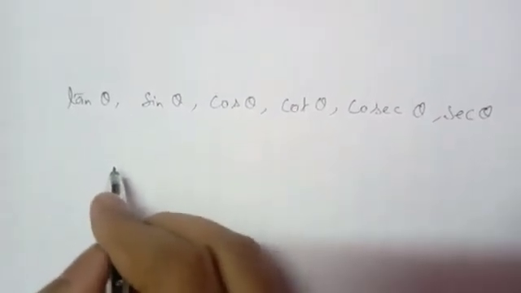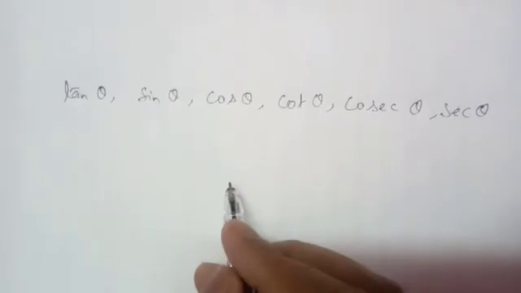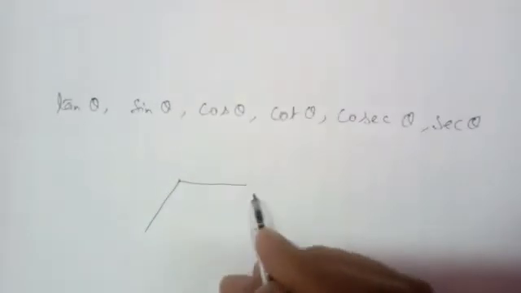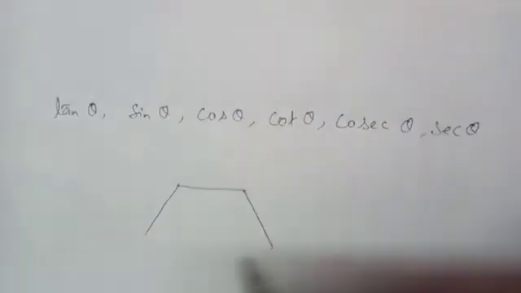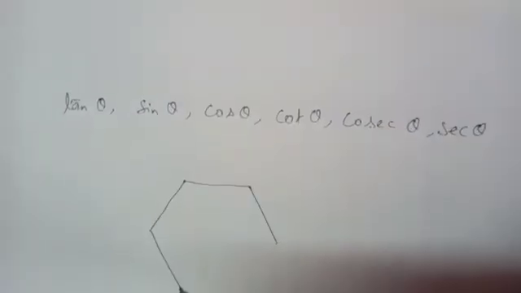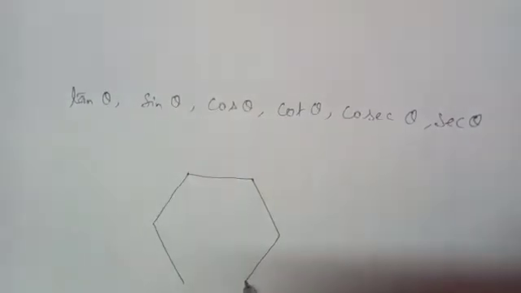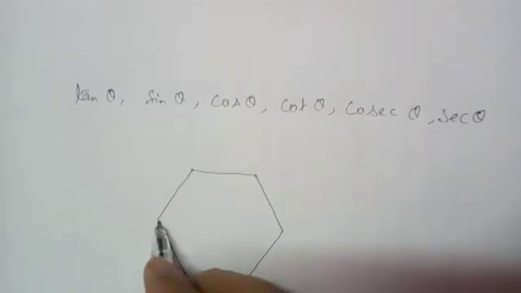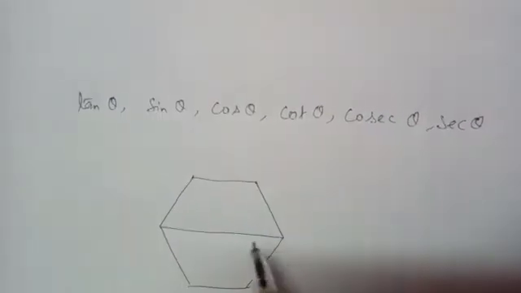Now for this we have a simpler method. We can draw a regular hexagon, as a regular hexagon has 6 equal sides. Now we can join the diagonals of this hexagon.